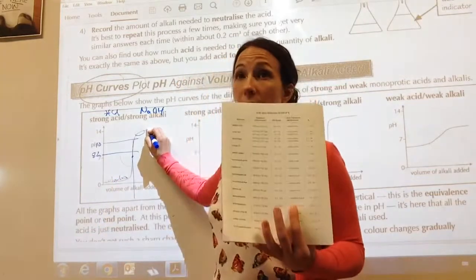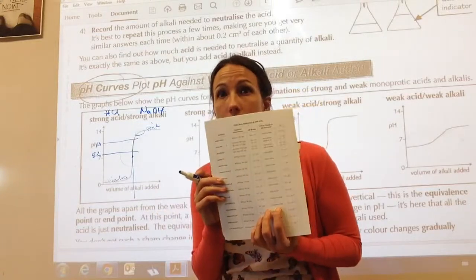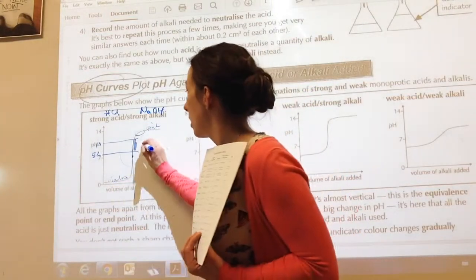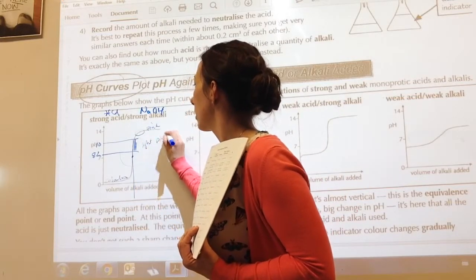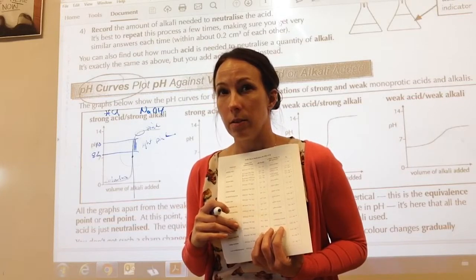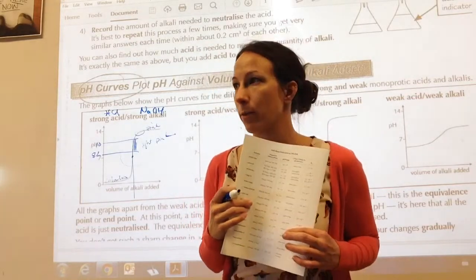And above 10, it's pink, according to this table. And here it changes from colorless to pink, so it must be a light pink. Everybody see that? And that's why we choose phenolphthalein. Well, that and it's cheap and cheerful and not very harmful.